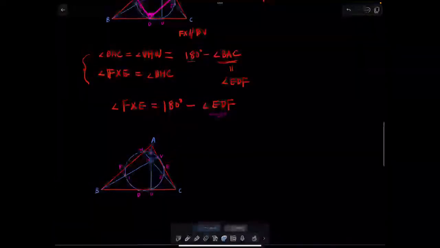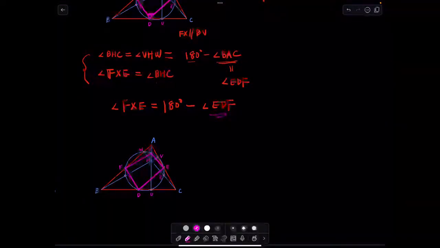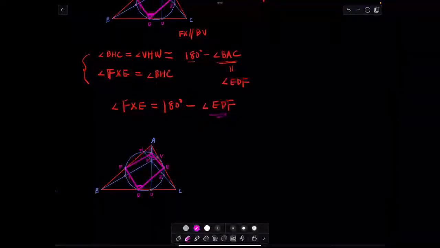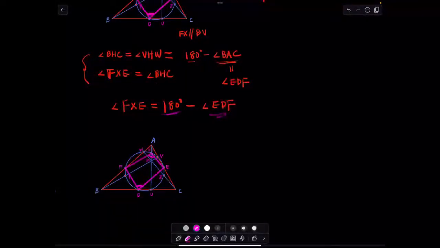All right. So for the 4 points we are interested in, which are D, E, X, we have proven that the opposing angles add up to 180 degrees, right? So FXE, this one, equals 180 degrees minus EDF.